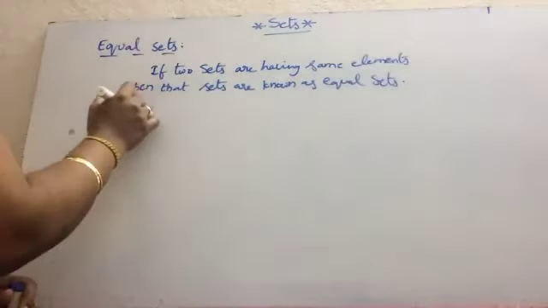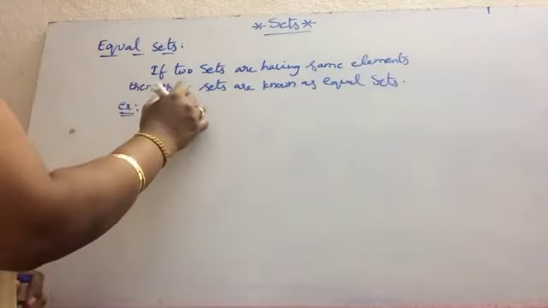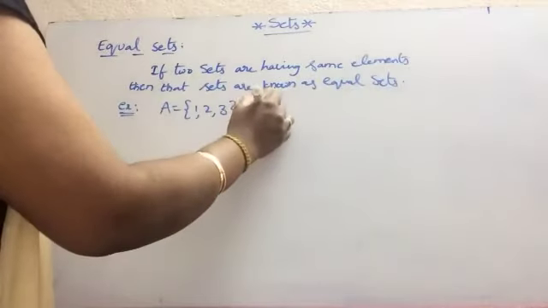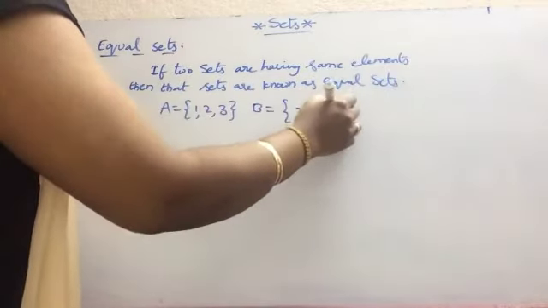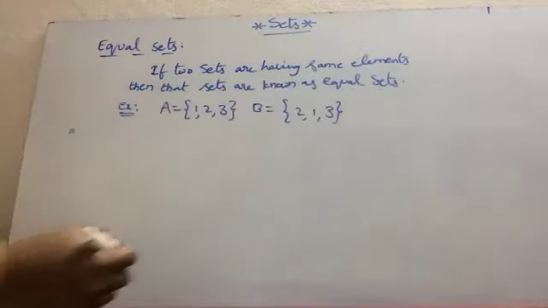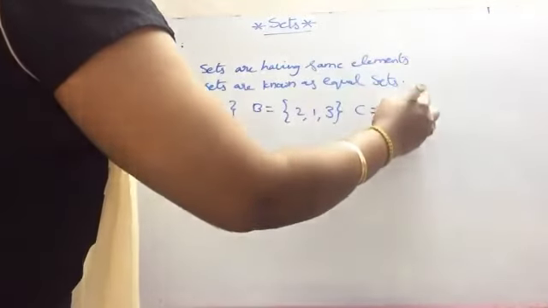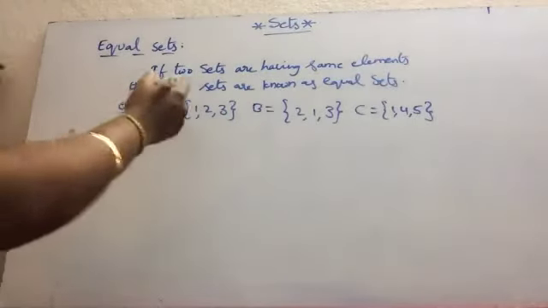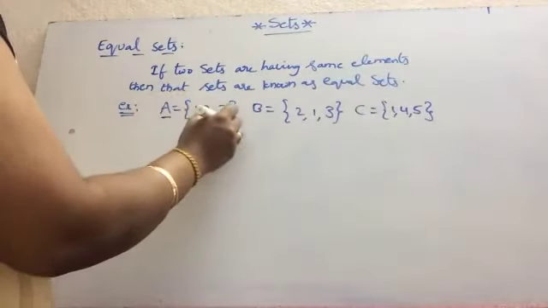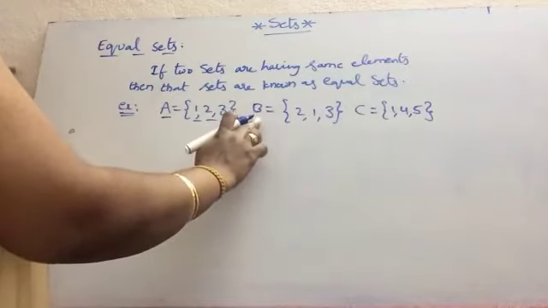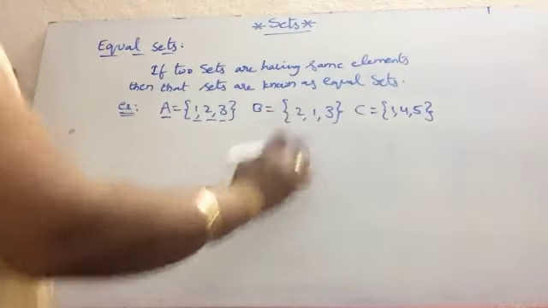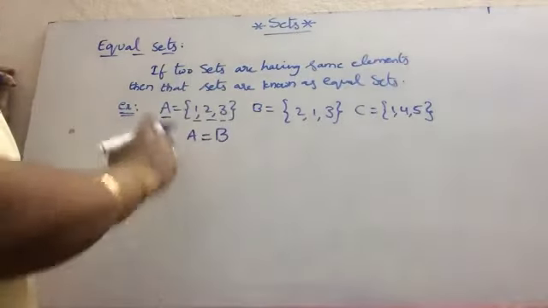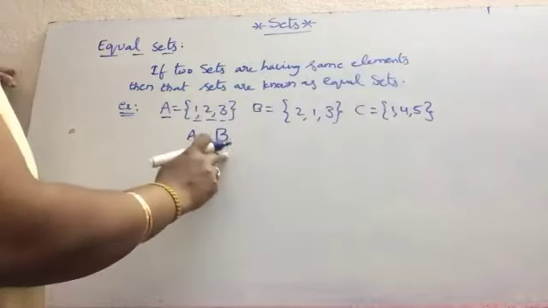Now I will take one example. A equal to {1, 2, 3} and B equal to {2, 1, 3}. And one more, C equal to {1, 4, 5}. In A we have 3 elements, 1, 2, 3, and in B also we have 1, 2, 3. So both A and B are equal.